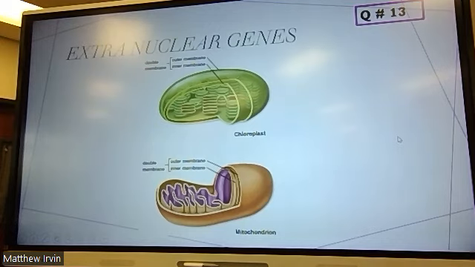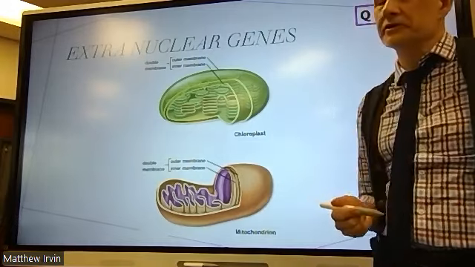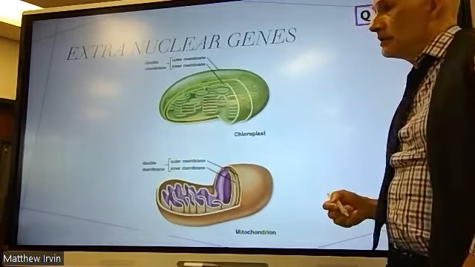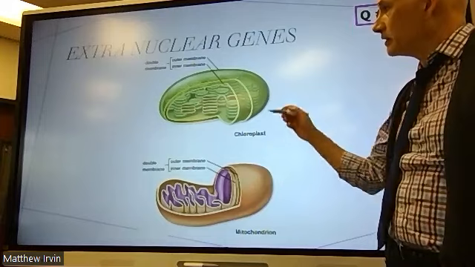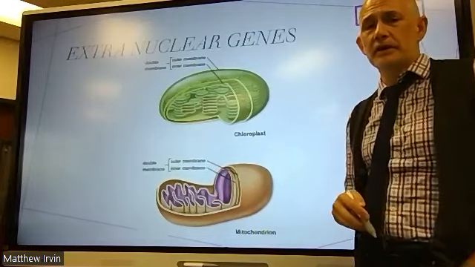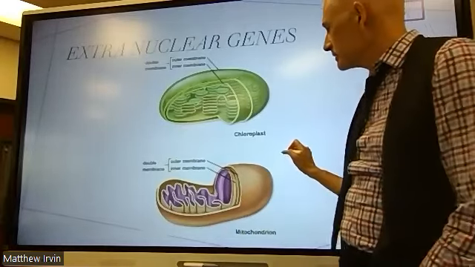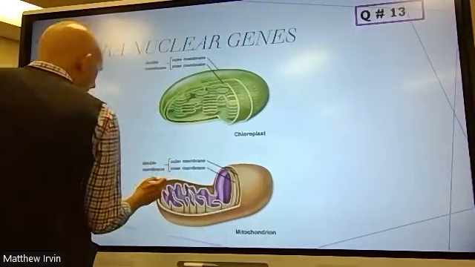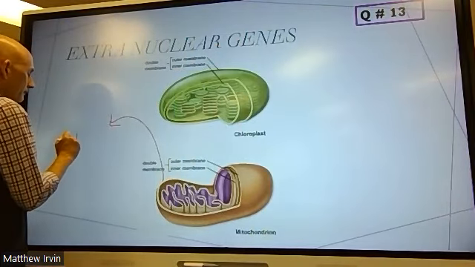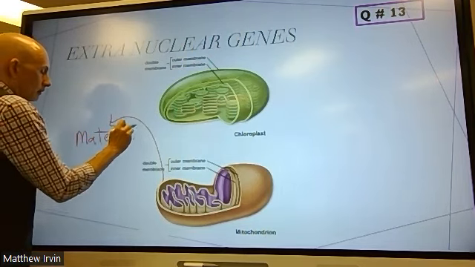Speaking of DNA and inheritance from parents, extranuclear genes, this is the DNA that is found in our chloroplast and our mitochondria. So evidence of the endosymbiotic theory, but it's also important for inheritance because all of our mitochondria come from your mother.